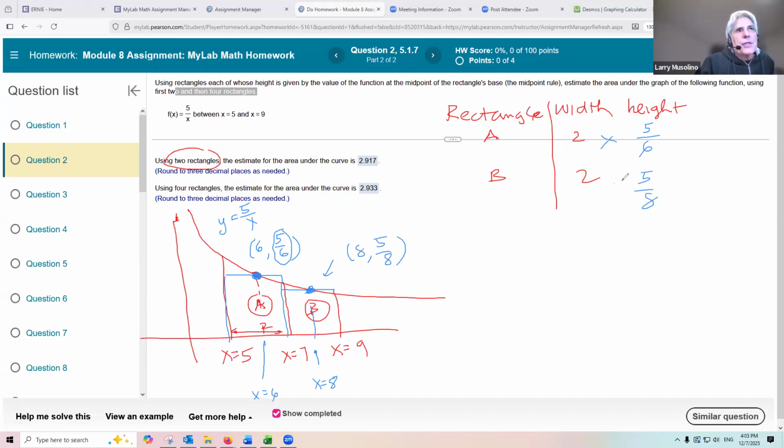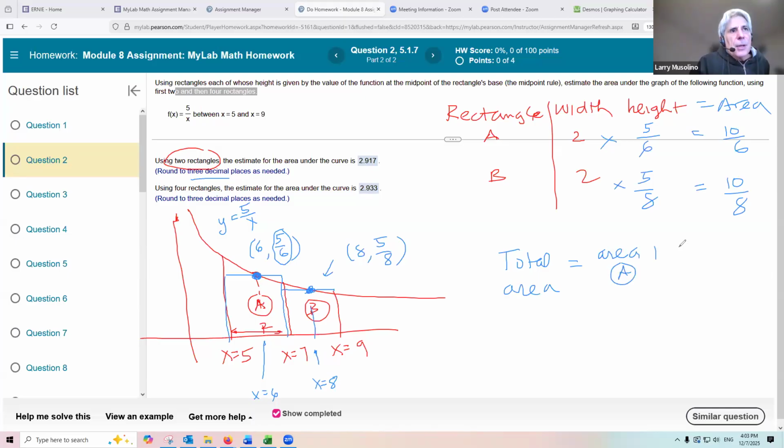Let's multiply straight across to get area. Well, let's see. This is going to be 10 over 6. And this is going to be 10 over 8. And it looks like they want us to round this to 3 decimal points. So the total area here is going to be adding the area of rectangle A plus the area of rectangle B. According to our table, this is 10 over 6 plus 10 over 8.